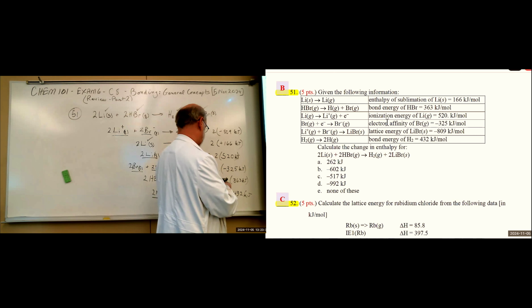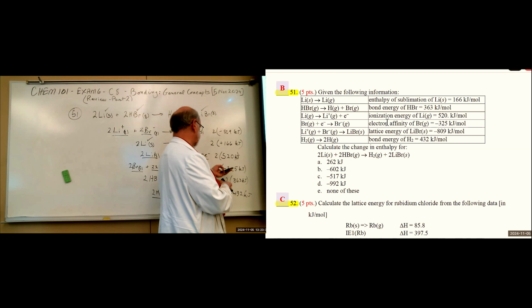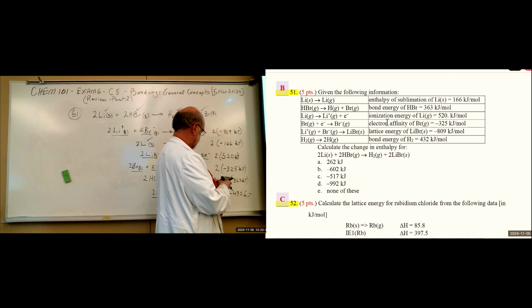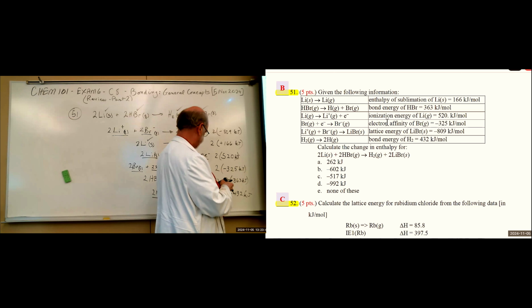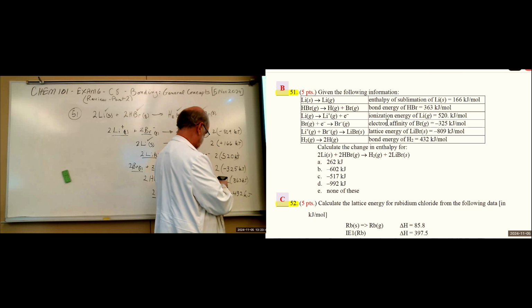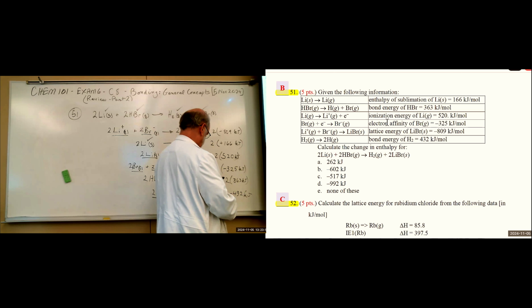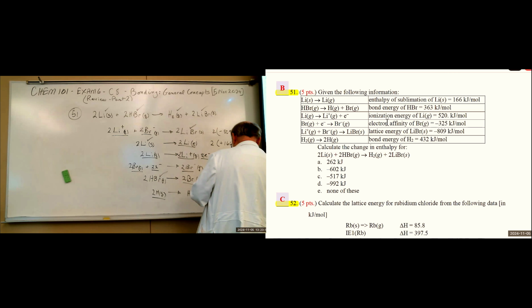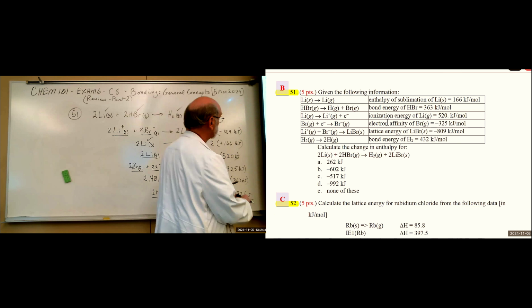And then 325 times 2 is 650 minus, and 363 plus, and 432 minus. So I get minus 602 kilojoules.